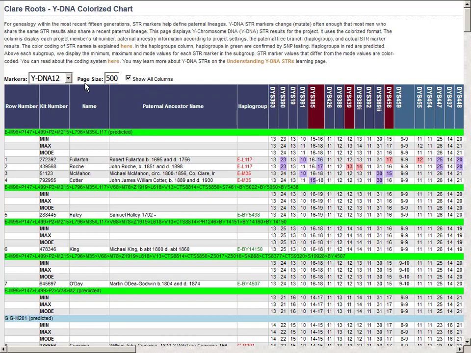Anyway, this is what you see on the results page of a Y-DNA project. I have divided the members up into the various groups. The group names are arranged alphabetically. So the first letter in each group name is the top level haplogroup. So these are from haplogroup E. They're not your typical haplogroup for Irishmen.